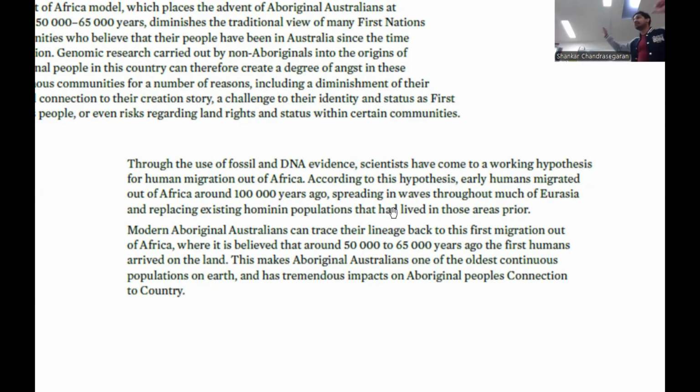All the different species of Homo that had already migrated, from Homo erectus to Homo neanderthals, Homo heidelbergensis, Homo habilis, eventually got replaced by Homo sapiens when they migrated out as well.